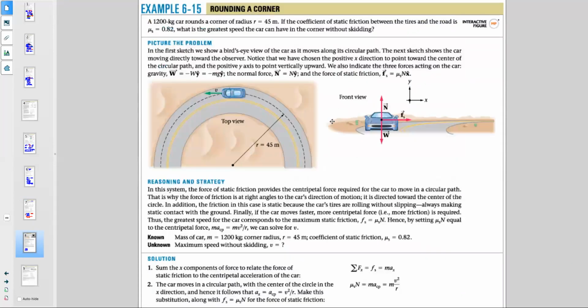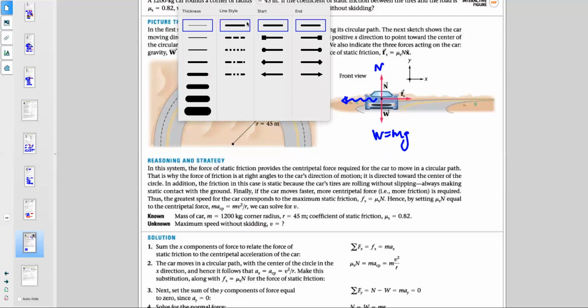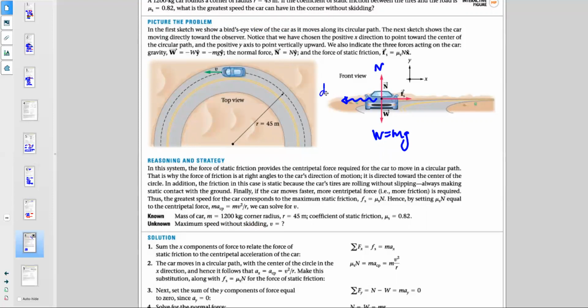So in our situation here, I have W or mg down. We have a normal force up, always normal to the surface. And this is the direction of motion if it's sliding.